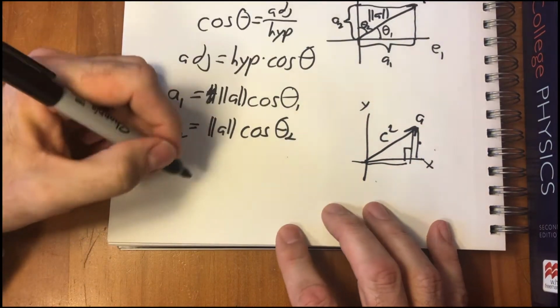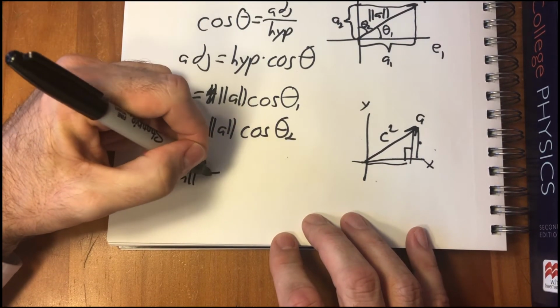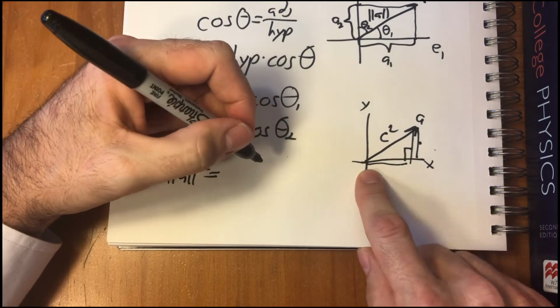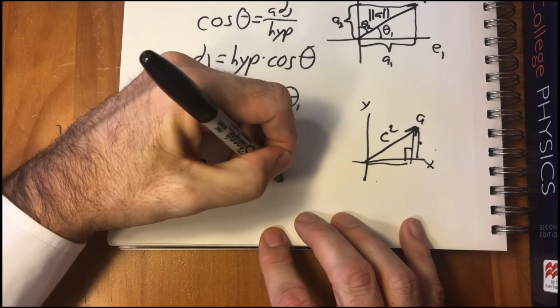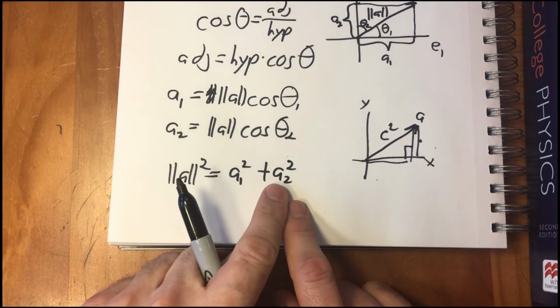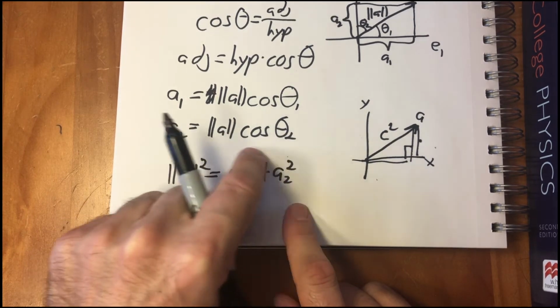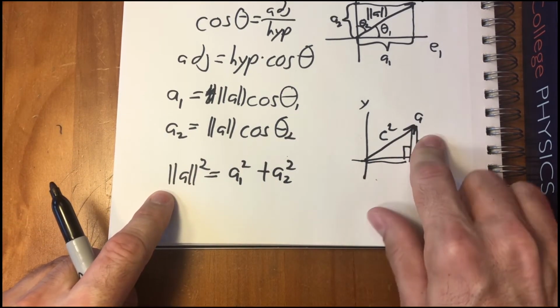So again, if this is A, then the length of A squared equals the length along x squared plus the length along y squared. If we took the square root of that, you would have the length of A.